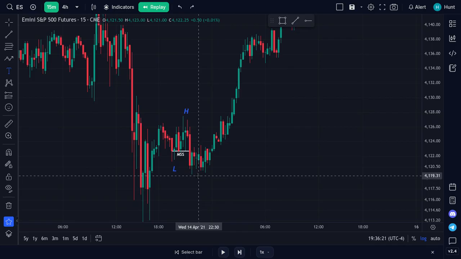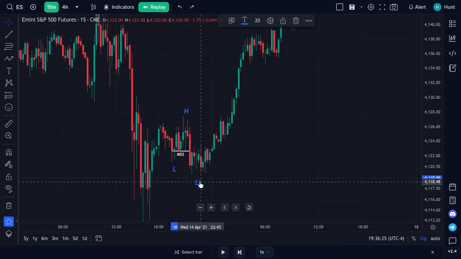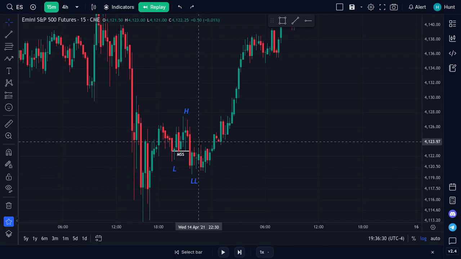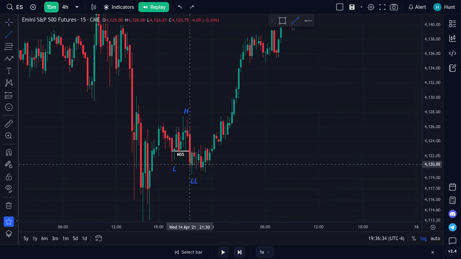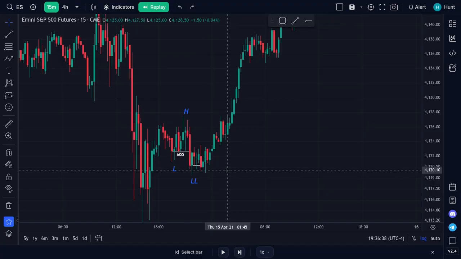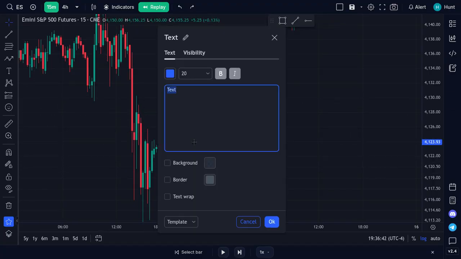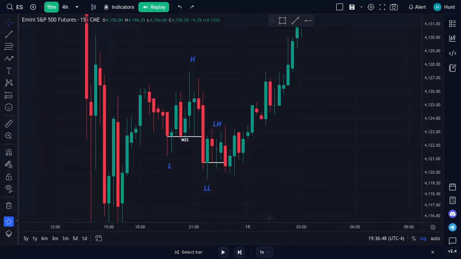So when we create this new low here, since it's lower than the previous one, this is a lower low. You can see price comes down, and then technically right here we get another market structure shift. So we have a lower high right here because this high is lower than the previous, and I'll zoom in a little bit so you guys can see it better.